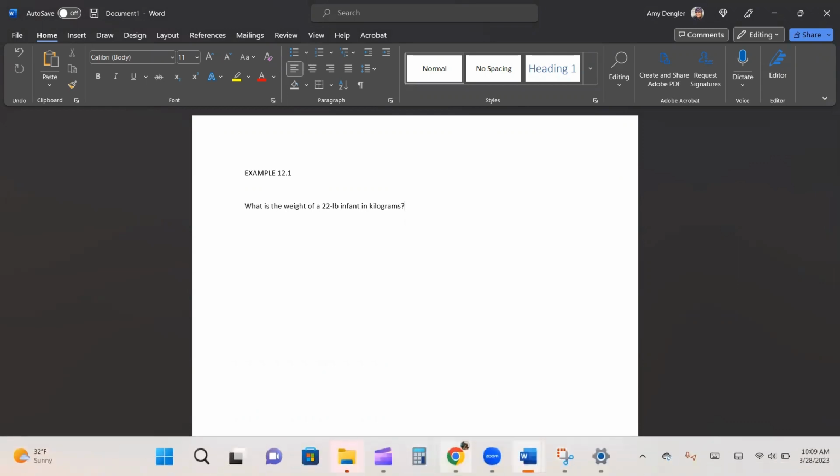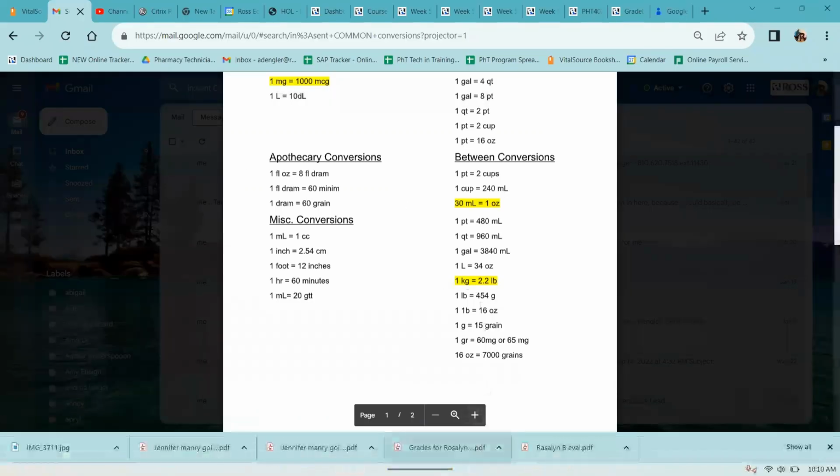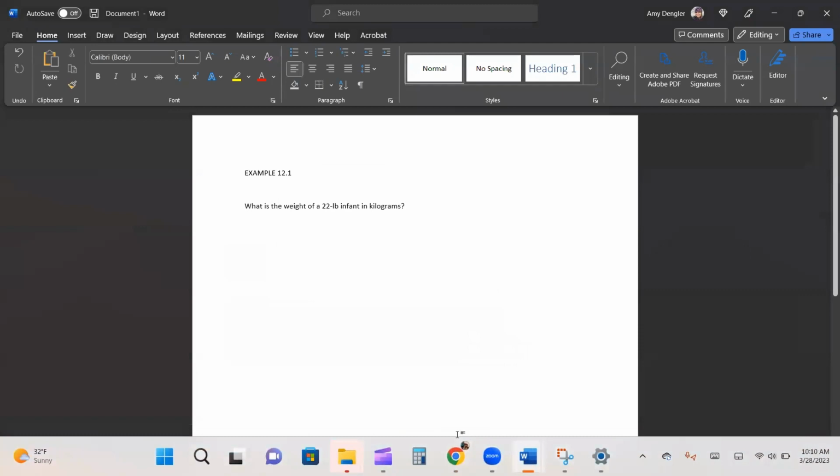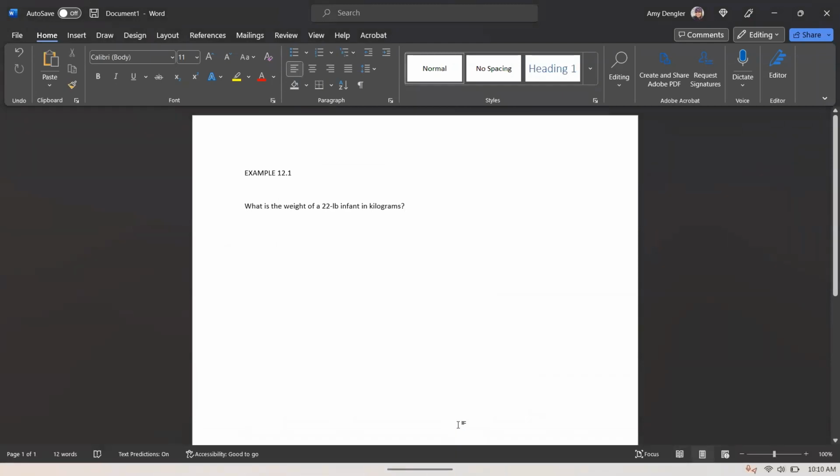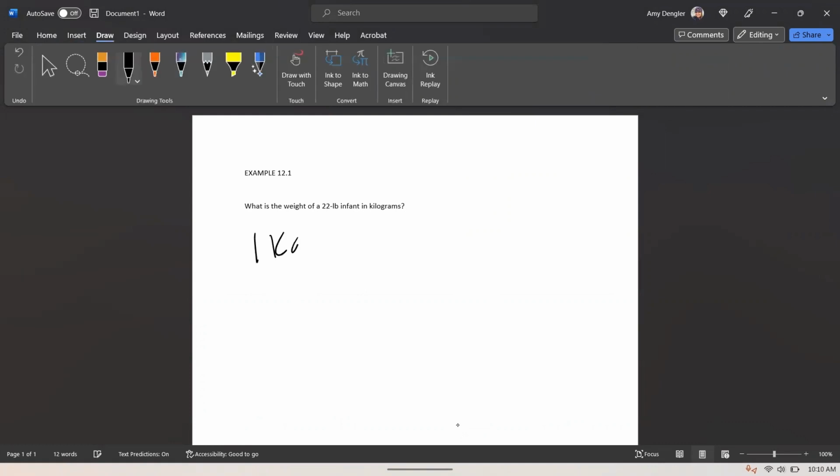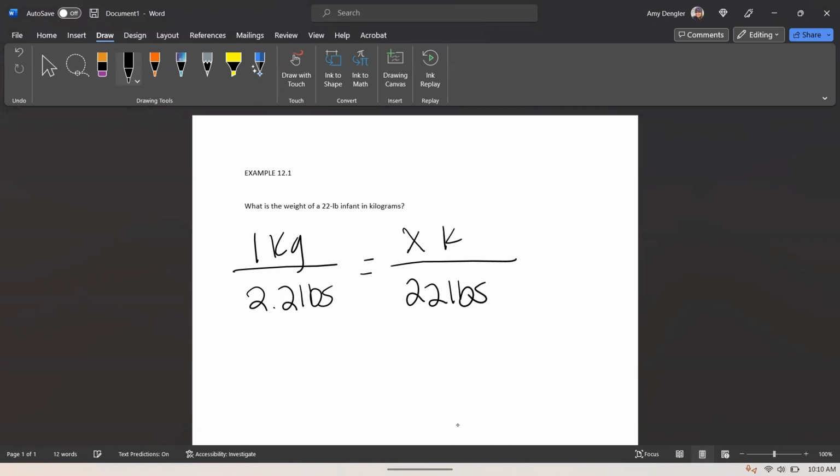So we need to look at our conversion sheet. We have 1 kilogram equals 2.2 pounds. And we have 22 pounds. How many kilograms is that?